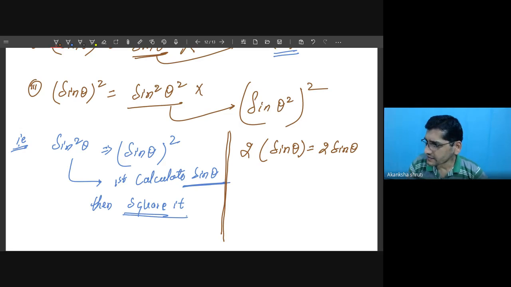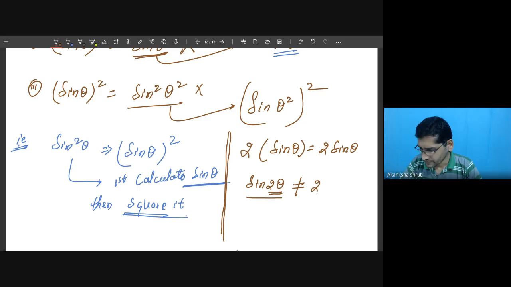Do not think this 2 is to be multiplied with theta also. If you are given sine of 2 theta, it means first theta is multiplied by 2, then its sine ratio is taken. So you have to write like this. This is not equal to twice sine of theta.